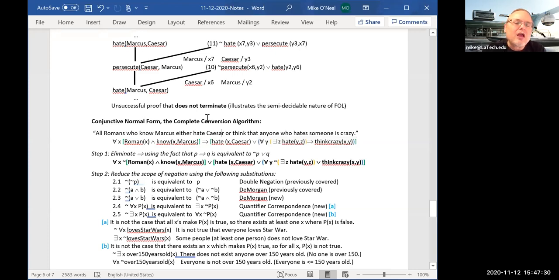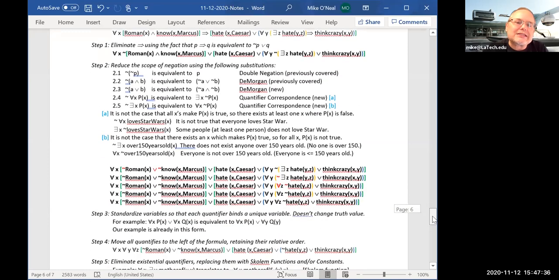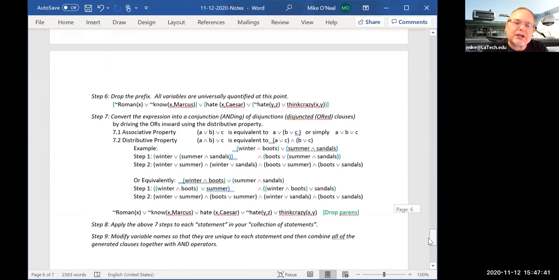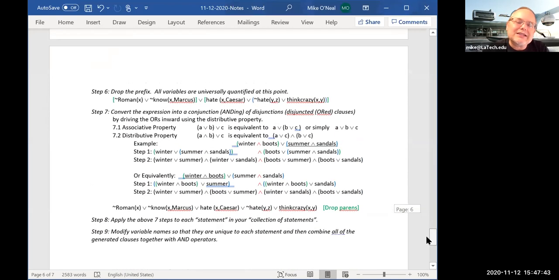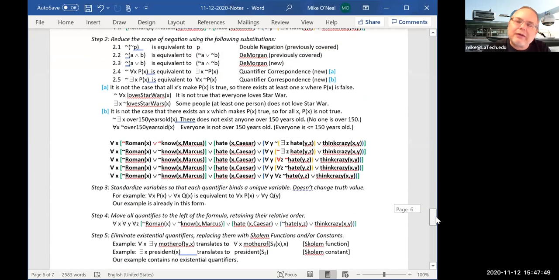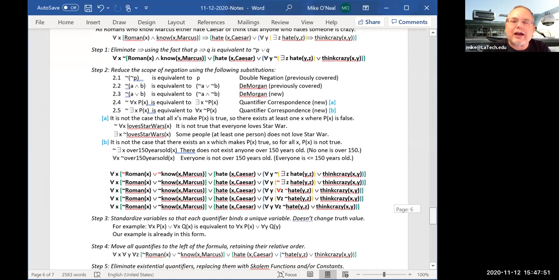Okay? I want you to think about that, and then I want you to go through these steps. I'm going to go back through them on Tuesday at the beginning of lecture, but if you can get through this and you can understand this, you'll be able to translate anything that I'll throw at you to conjunctive normal form, okay?